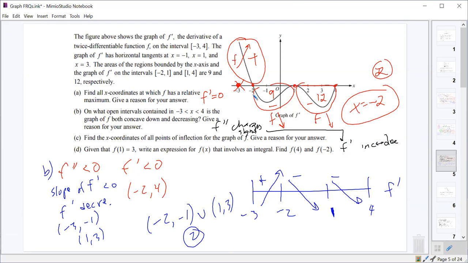So f prime goes from decreasing to increasing here at -1. Then it goes from increasing to decreasing there at 1. And then it goes from decreasing to increasing there at 3. So -1, 1, and 3. And that's 2 points for all of those. Any questions there on that?